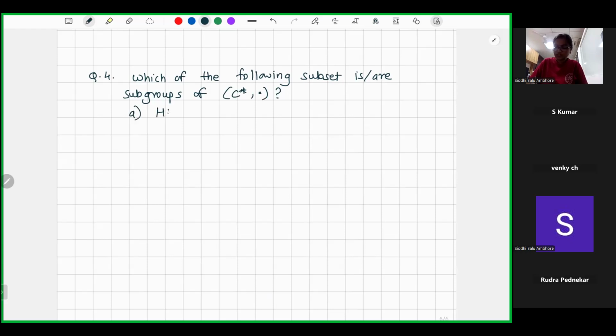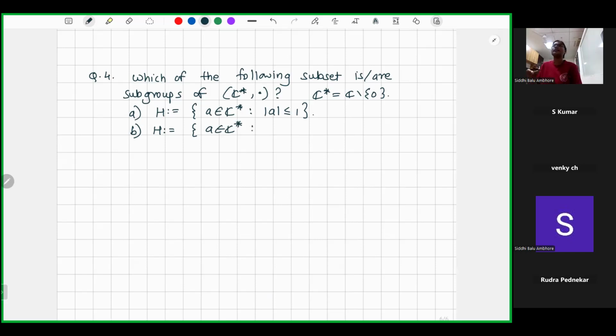First option is all those A in C star, such that modulus of A is less than or equal to 1. This is the multiplicative set of complex numbers. So C star as a set is just the complex numbers minus 0. I hope you know what this means. Let me just write all the options, then I will tell you what this modulus here means.